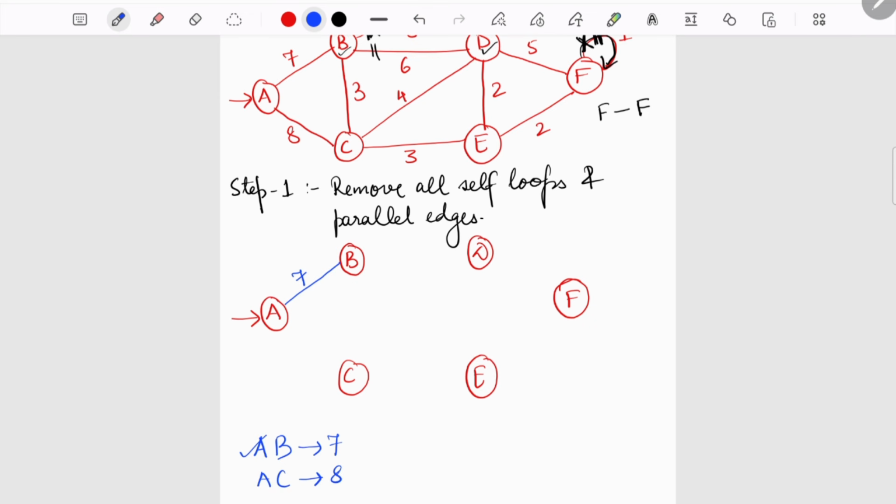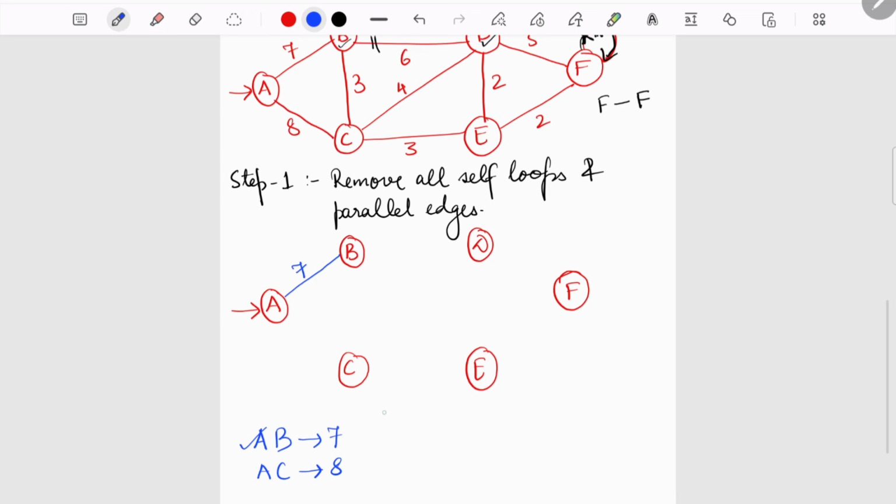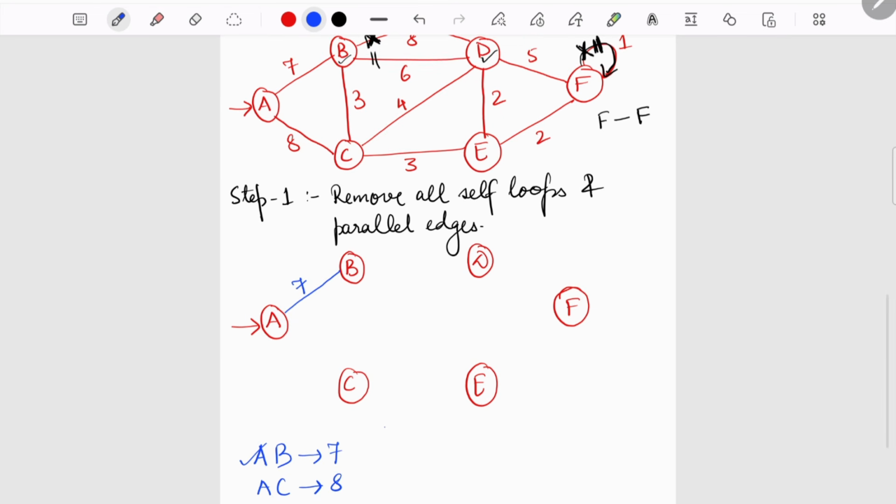Now after this, what all options do you have? Now you have reached from A to B. So the options that you have here, from the given graph you can find out, are: you can either select BD with edge weight 6, or we can select BC with edge weight 3, or you can select AC with edge weight 8.